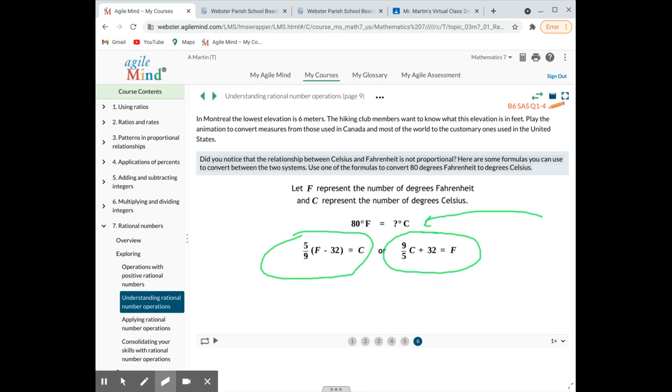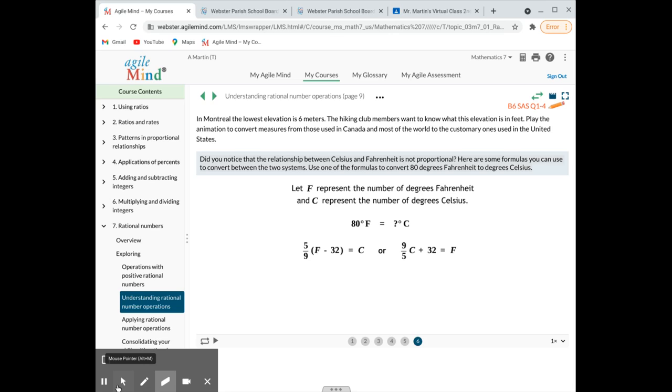All right, does anybody feel like they got the answer? Did anybody attempt it? Did anybody get anywhere with this formula? What did we need to put in for F? 80 degrees. 80, good. So we're solving for what?